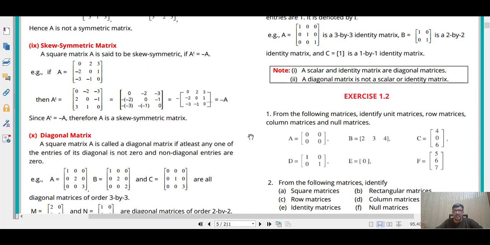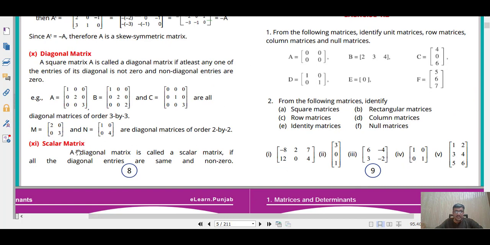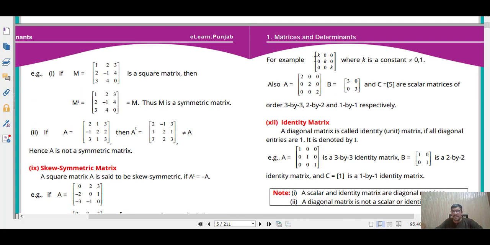So what is a scalar matrix? A diagonal matrix is called a scalar matrix if all the diagonal entries are the same and non-zero. In this example, all the diagonal entries are k, but it should be a non-zero entry, where k is a constant that is not equal to 0 or 1.